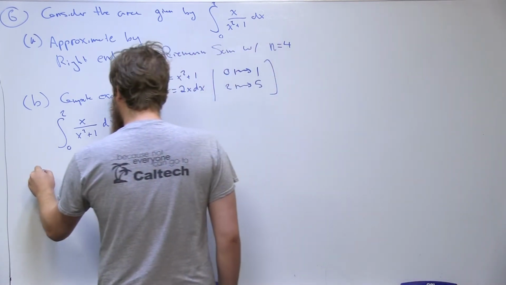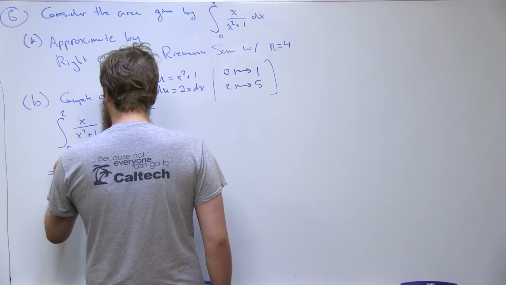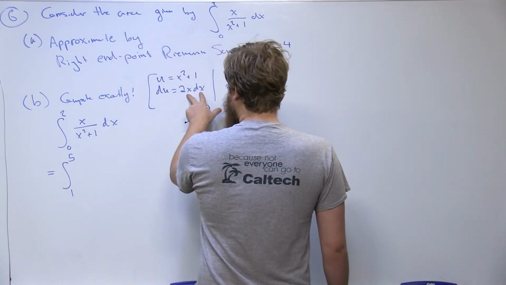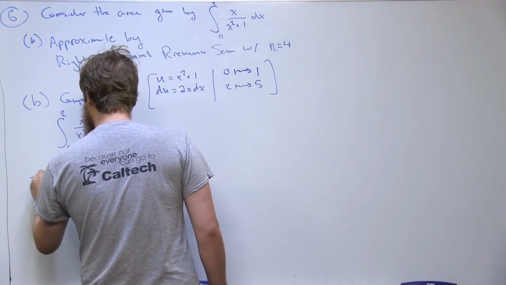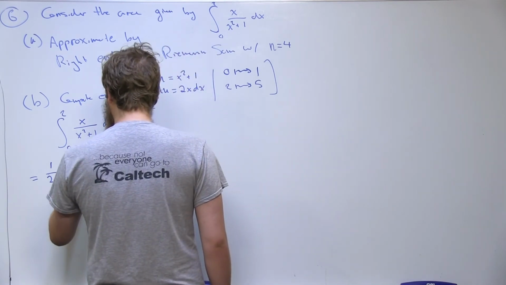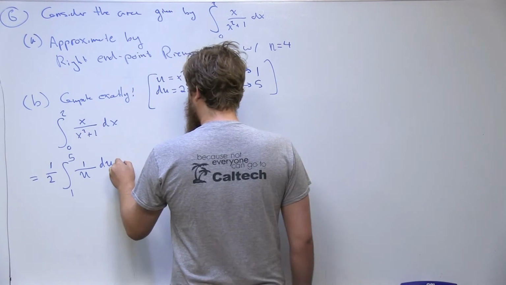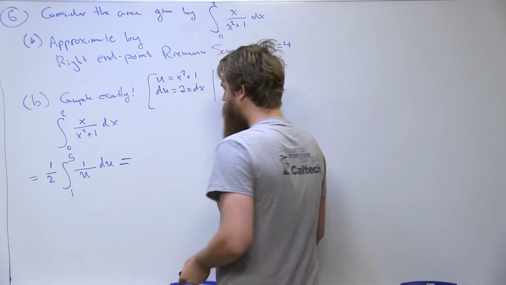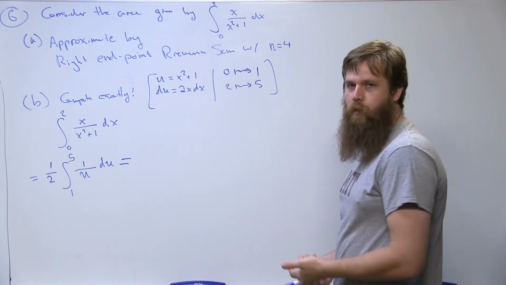Under that substitution, this integral becomes the integral from 1 to 5. x dx is 1/2 of du, so I'll pull a 1/2 out front. And x squared plus 1 is just u. Okay? So that's our substitution done. And now we have 1 over u du.